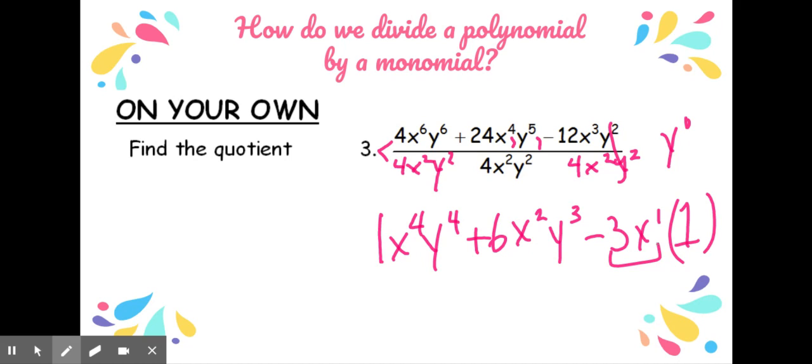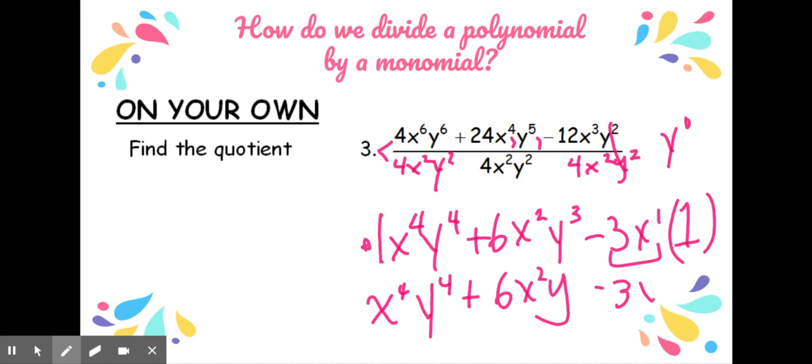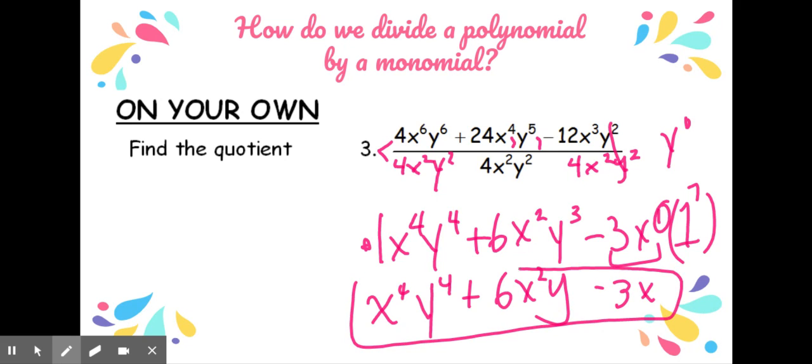So if I clean up this whole expression, I don't need this 1 here. I just need the x to the 4th, y to the 4th, plus 6x squared y minus 3x. I don't need either one of those ones. They don't really affect my answer. Okay, because those are kind of invisible ones. So your final answer is as you see. So pause the video, make sure you get that down.